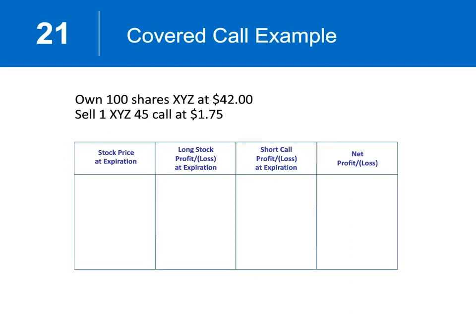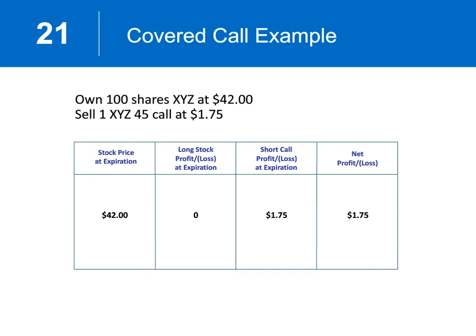So let's take a look at how it looks. There's a stock at expiration of 42. If the stock at expiration is still 42, that's break even, no profit, no loss. We sold the call for 175, so our net profit on this trade, minus commissions, will be the $175.